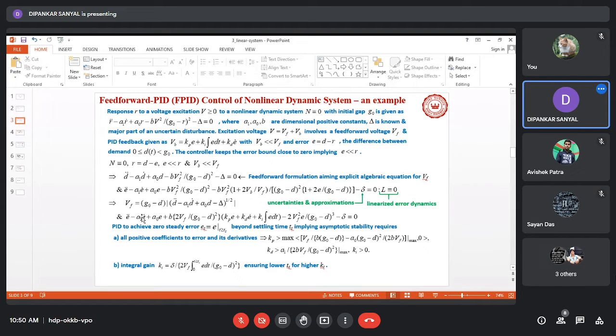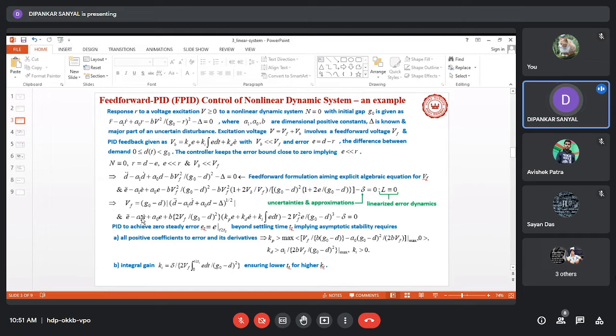And this A1 emerges as negative because of the inherent nature of the plant, where we do not have any control, but we have some control imposed through this feedback, and in this feedback, the derivative term should be such that it takes care of this negative part, so that if this term is satisfied, then the coefficient of E dot will emerge as positive.